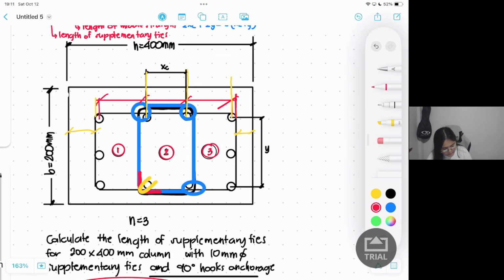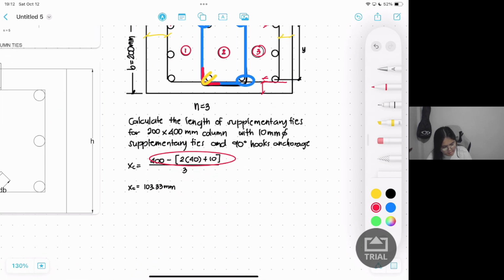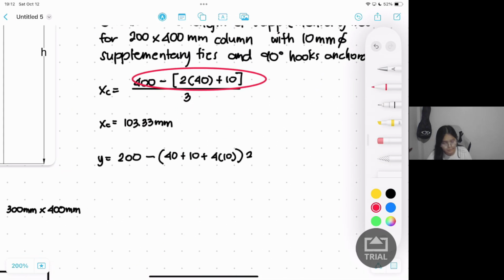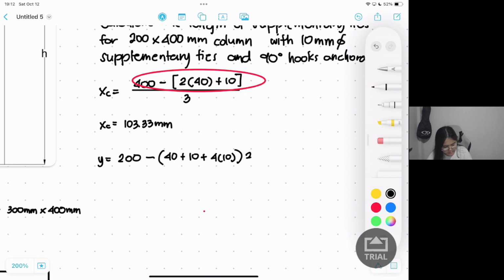Ito, 2 concrete cover minus yung 2 diameter of bar natin, ito, and then yung radius ng bend natin. Okay, so sa Y, sakto lang yung naging formula. So, kapag kakompute nyo yan, ang makukuha nyong value ay 20 mm.